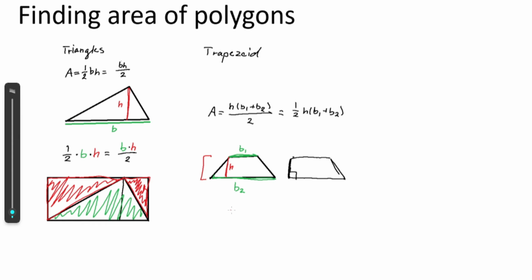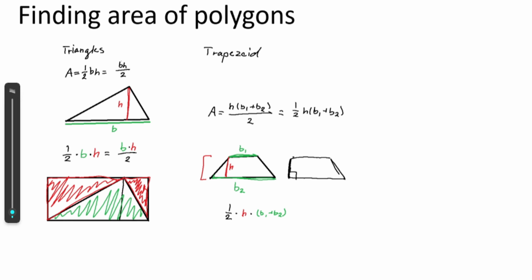So we're going to say 1/2 multiplied by the height, which is then going to be multiplied by base 1 plus base 2.